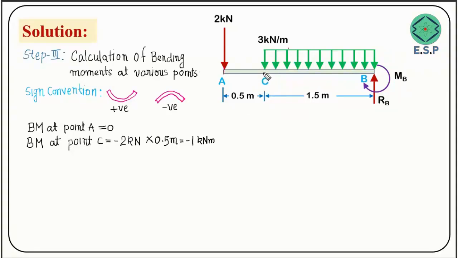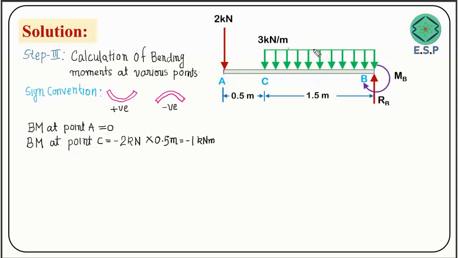Now we have to find the variation of bending moment from point C to point B, and there is a uniformly distributed load acting from point C to point B. So your bending moment is going to vary continuously from C to B. In order to find it, we will take a number of points in between.